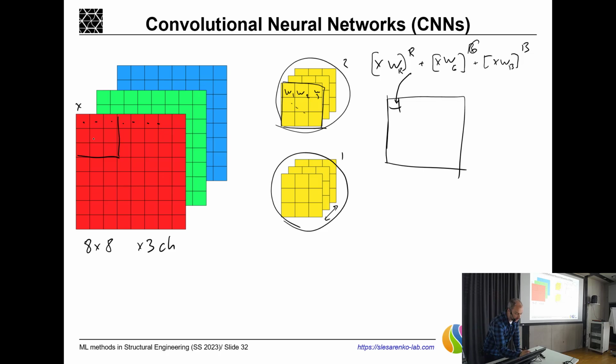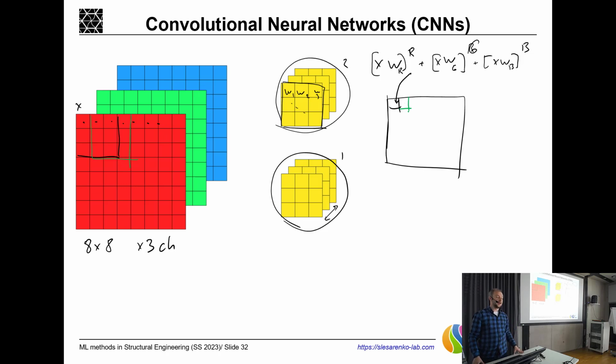Then I shift my window a little bit to here and do absolutely the same. Take the same filter with some W1, W3, whatever weights, and calculate the number here. And I will continue that.